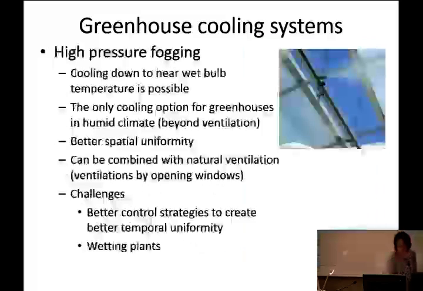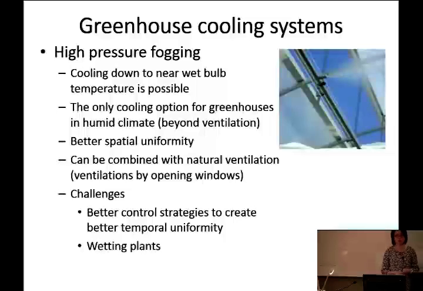All right. Another system potentially used for cooling is the fog system, which is okay, but it's challenging to control. Pad and fan is more stable in terms of temperature.